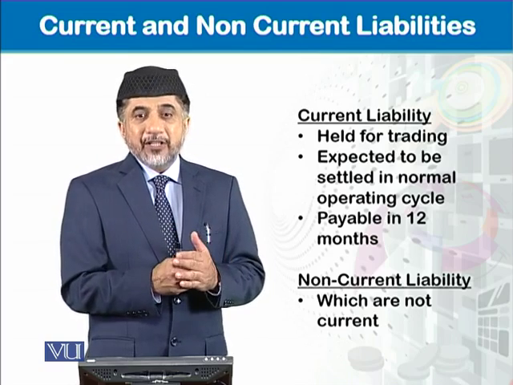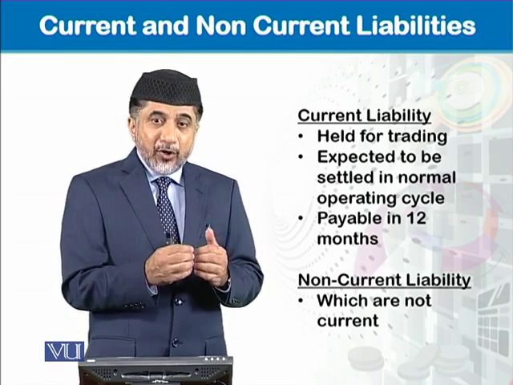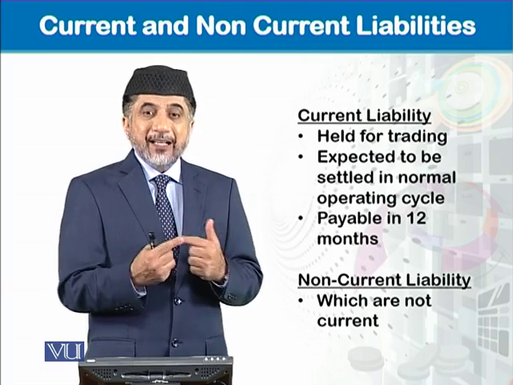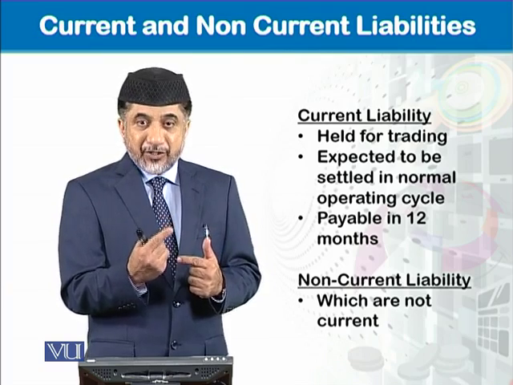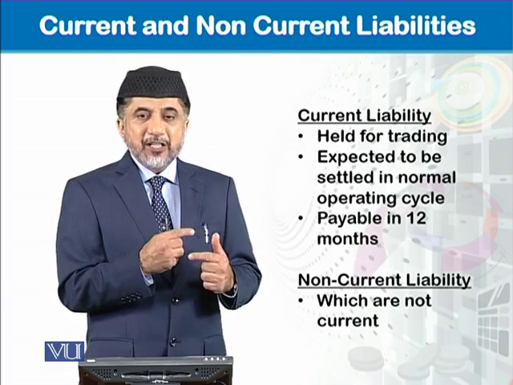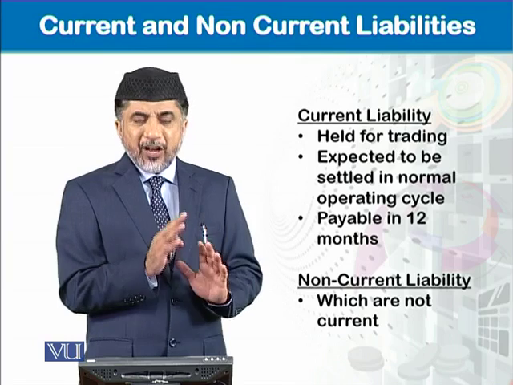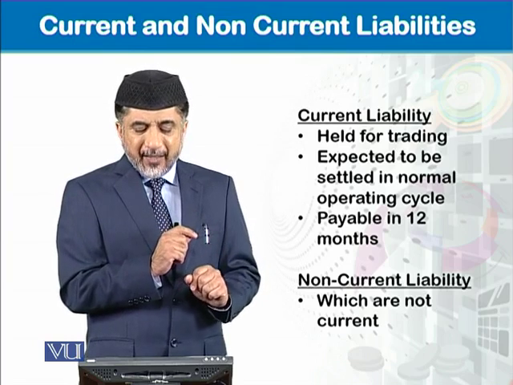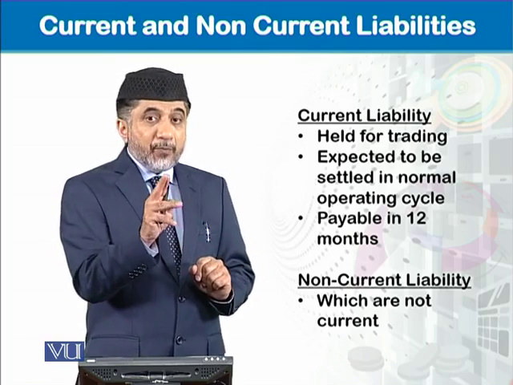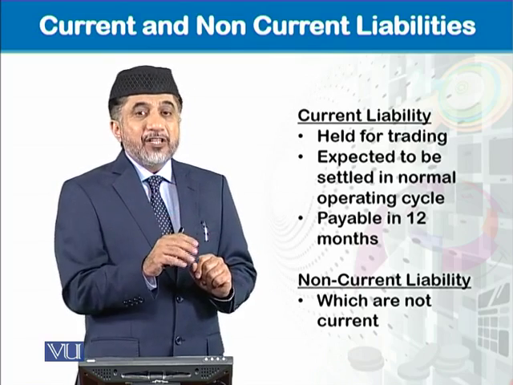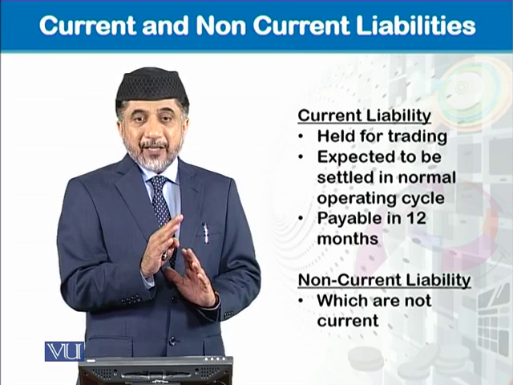So those derivatives which we hold for buying and selling come under the current liability classification. Then come those which are expected to be settled in the normal operating cycle, and those which are payable within a 12 months period.